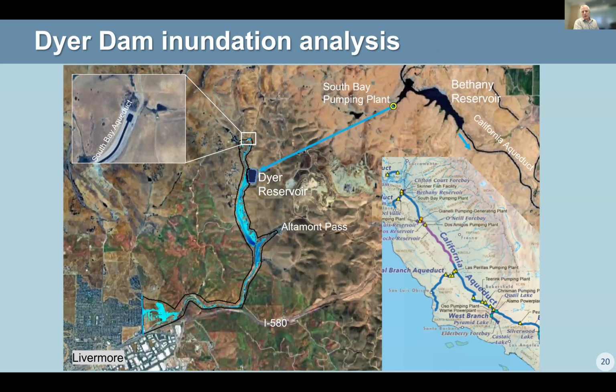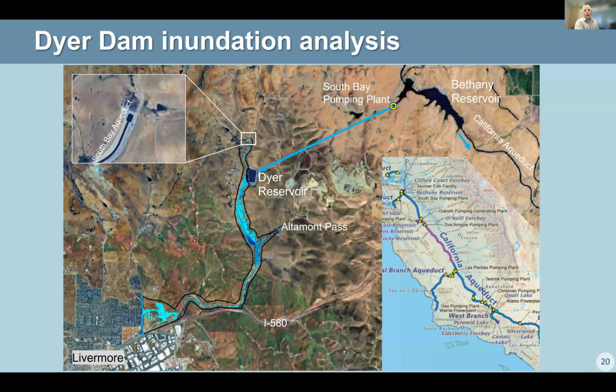I'm going to talk about a few different maps that we've made, a few different facilities, just as a way to give you a tour of the State Water Project a little bit. I could just talk about one, but we'll skip around a little bit. So this is basically the start of the California Aqueduct.